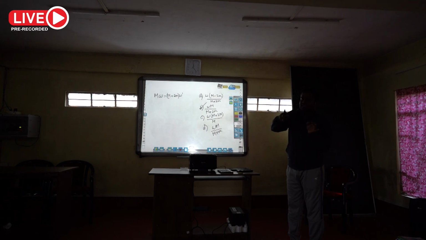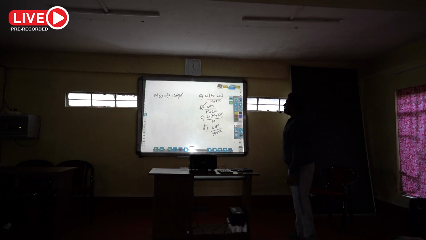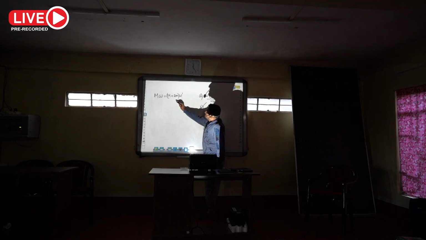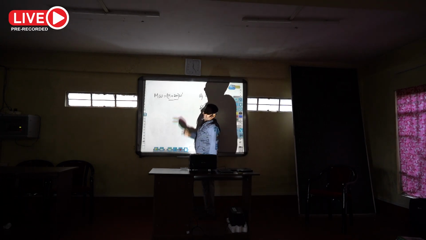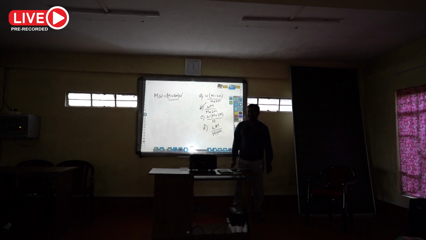Suppose at a distance r by 2 one particle is placed and another particle is placed at the boundary. Then the calculation will change, because the particle at distance r by 2 will not have the same angular momentum. So you cannot calculate all the particles taken together; you have to modify.